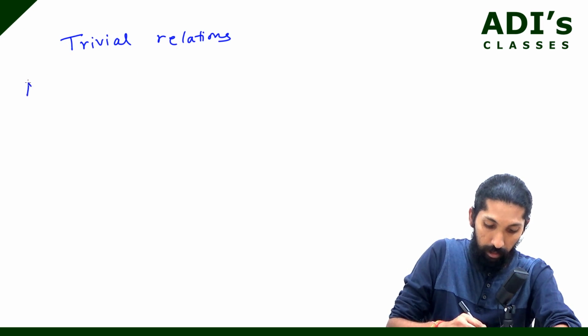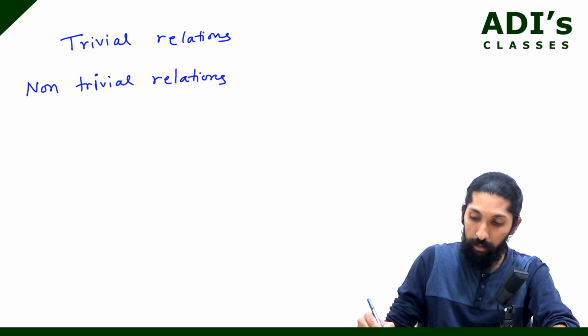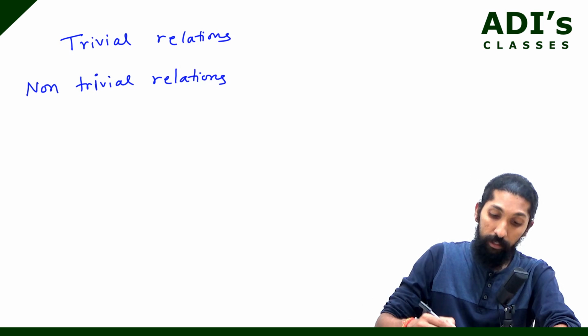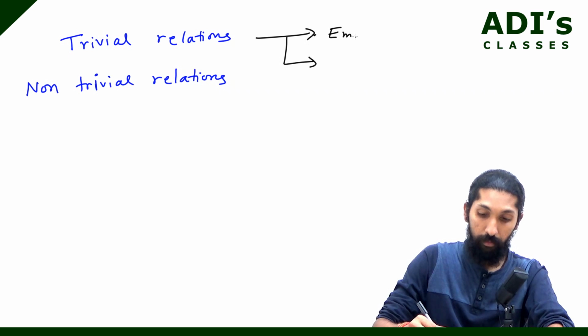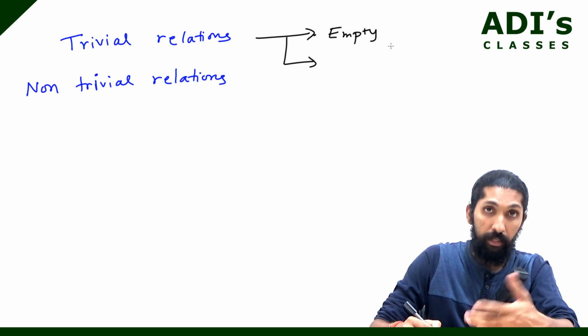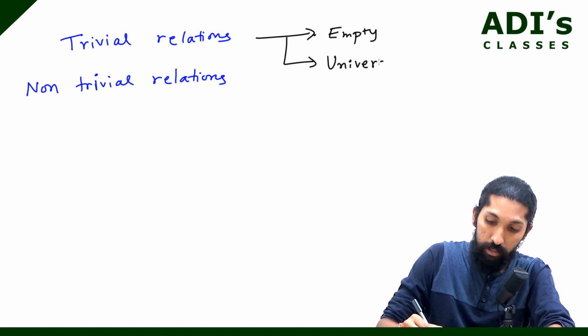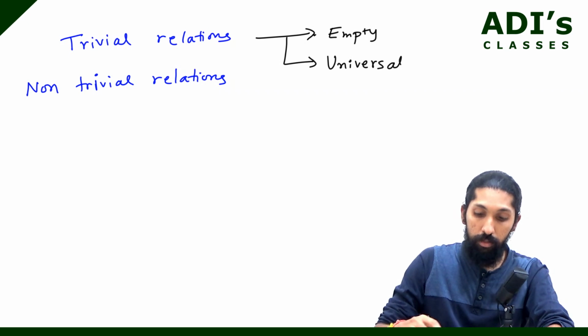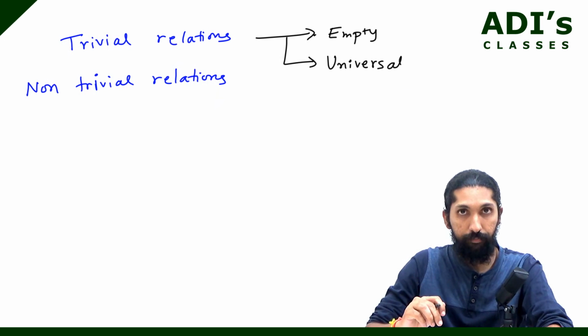And the next one is a non-trivial relation. Now, within trivial relation, there are two types. One is called the empty relation. Another one is called the universal relation. So these are generally what we call trivial relations.